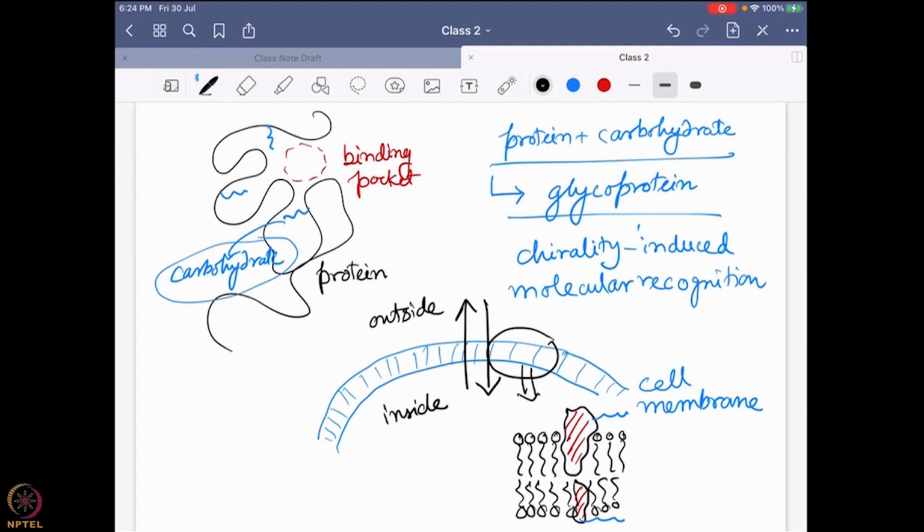And that is why it is very much important. So I hope you got an idea why chirality is a very important phenomenon. And that is why we are interested to know about chirality and a particular spectroscopic method or technology that can help us to understand what the chirality is and how it is oriented in 3 dimensions.